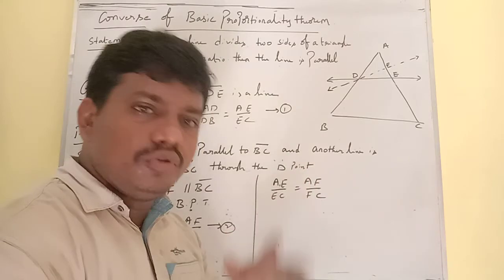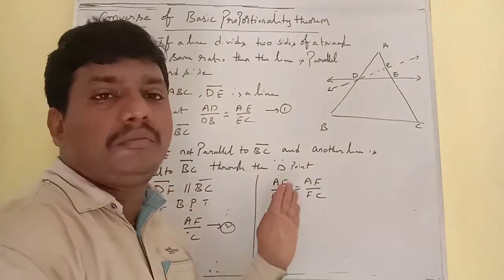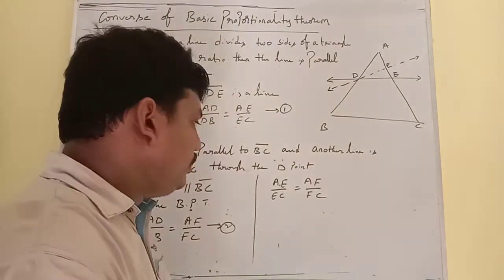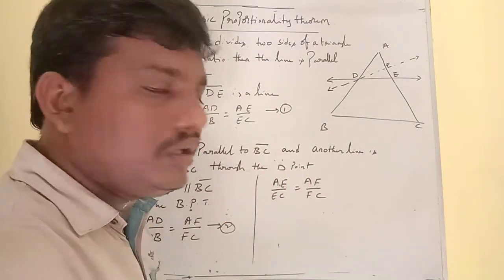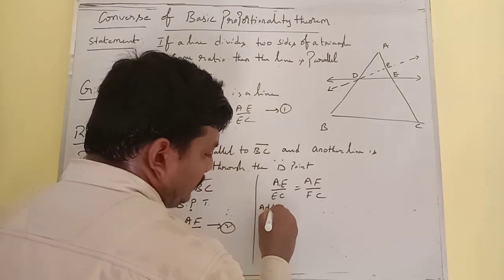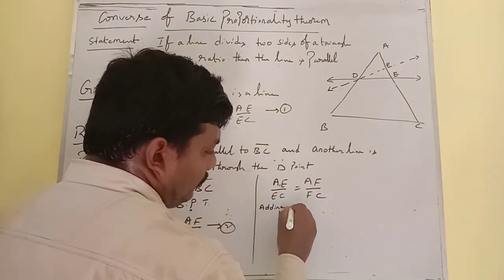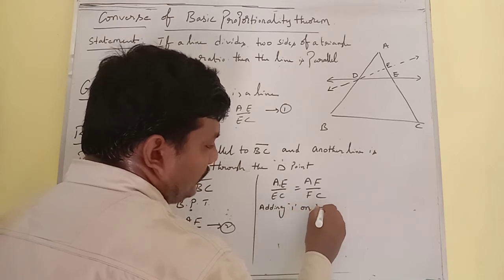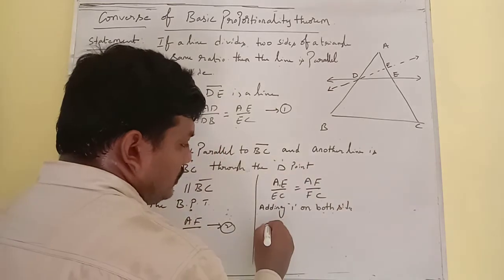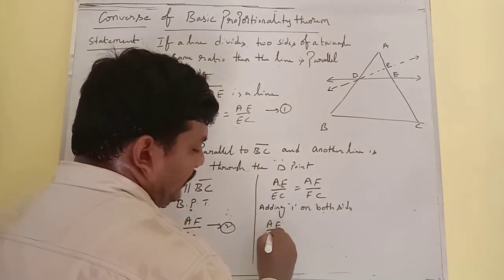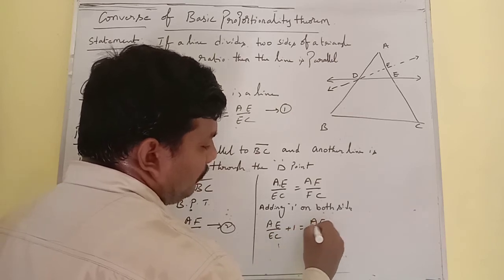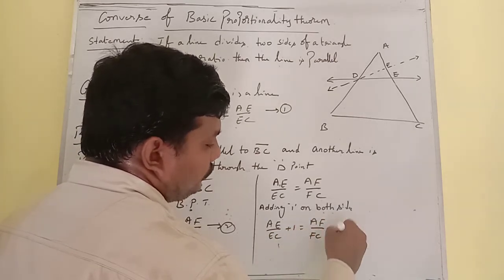If you add 1 on both sides, the proportion does not change, the value should not be changed. Suppose AE by EC plus 1 is equals to AF by FC plus 1.